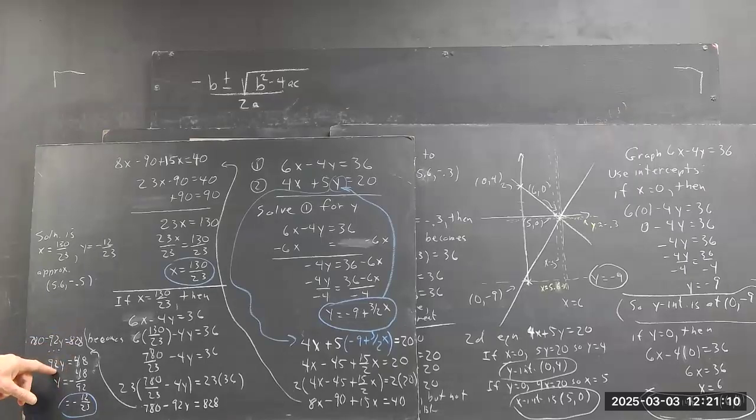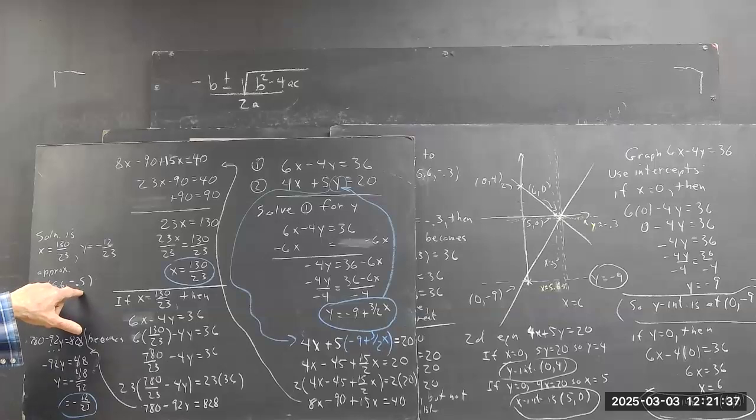And that equation gives us negative 92y equals 48. y is negative 48 over 92, which is about 12 over 23, which is a little more than negative 0.5, slightly negative, 0.53 or something like that.